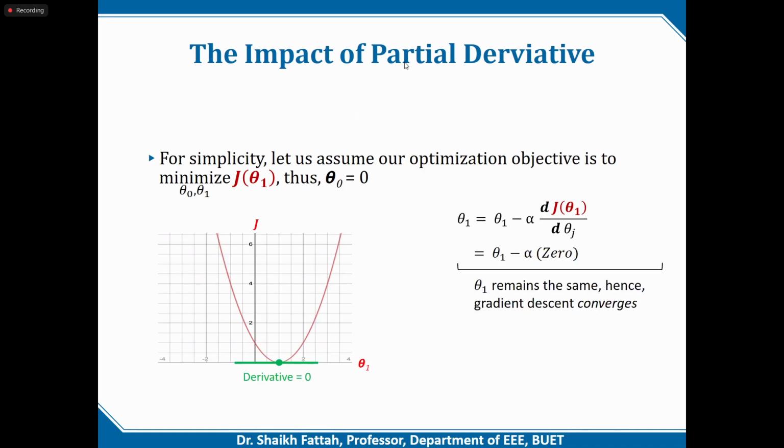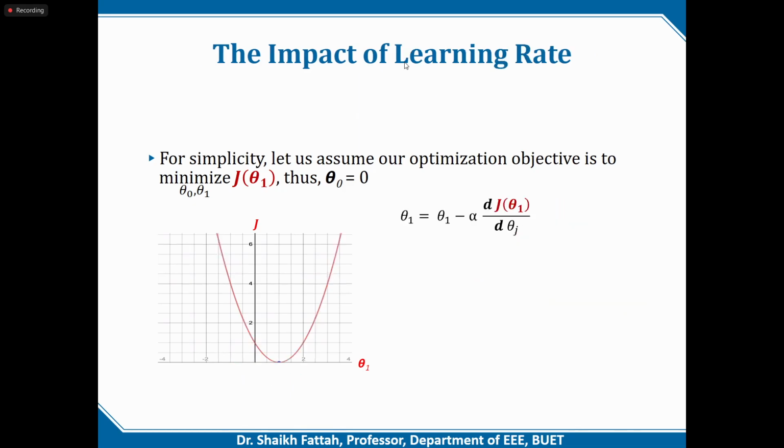If the slope is 0, what happens? When the slope of this curve is 0, you are here, so you don't need to update. You have reached the final step. So this is actually gradient descent.